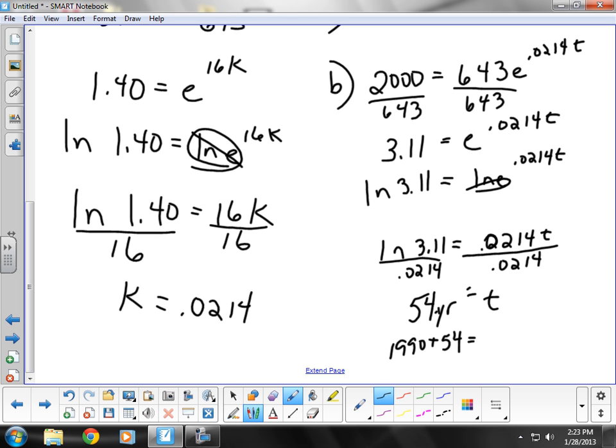I don't know why some of you are getting 53 and some of you are getting 54. It might be that some of you kept the 3.11, that's 2,000 divided by 643. Okay, so 53.01 wouldn't round up to 54.